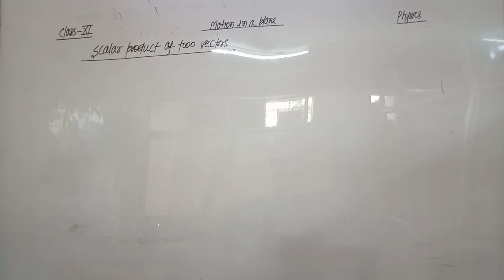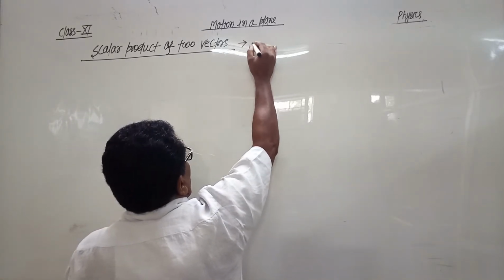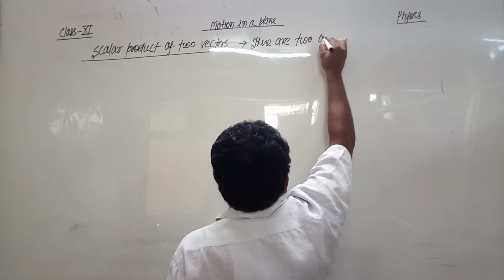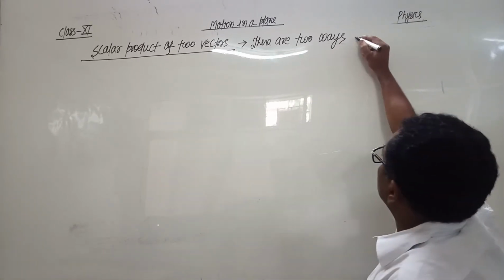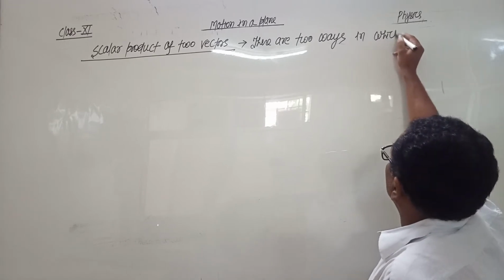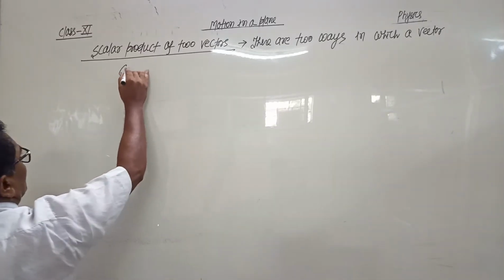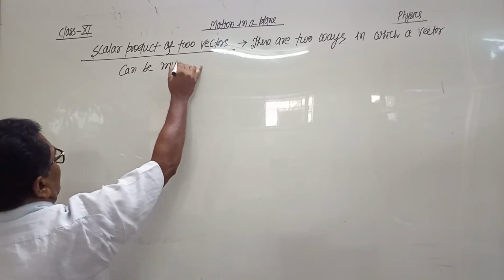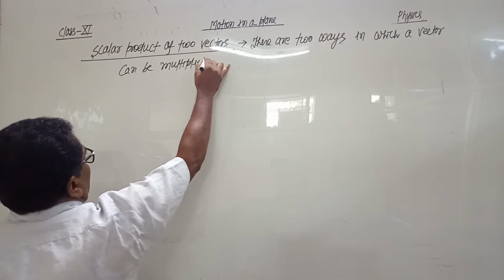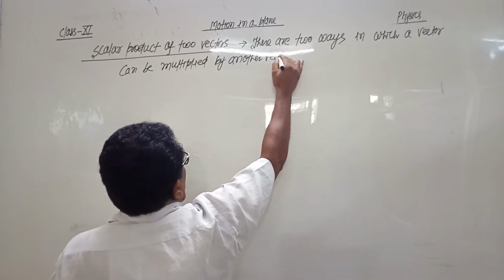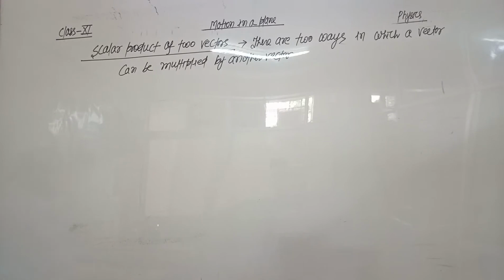There are two ways in which a vector can be multiplied by another vector.